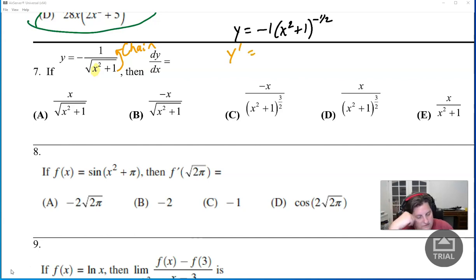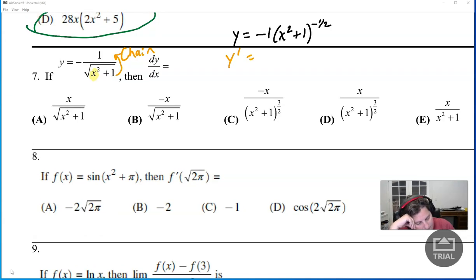Call it y prime or call it dy dx. Bring this down in front. It gives me positive 1/2. And then when I subtract 1, (x squared plus 1) to the negative 3/2. And then don't forget, the very important part of chain rule is multiply by the derivative of the inside, which is 2x.